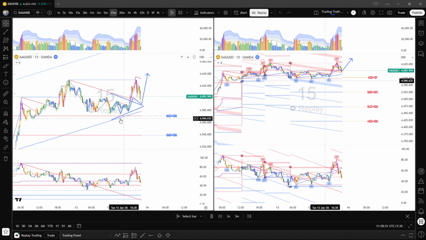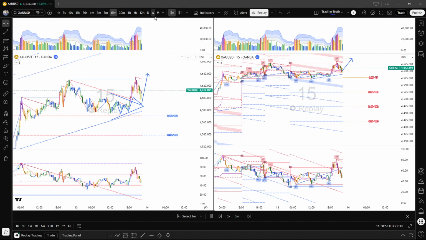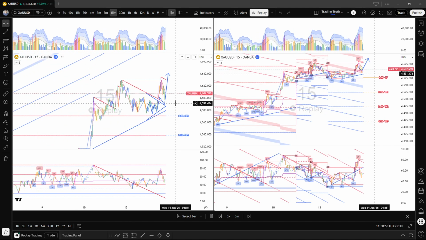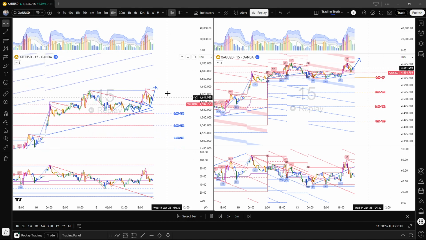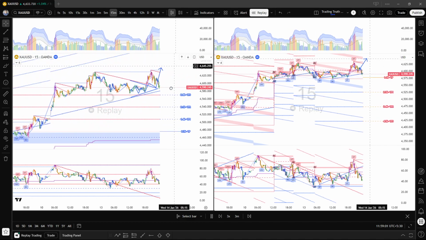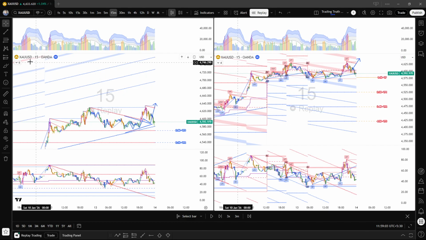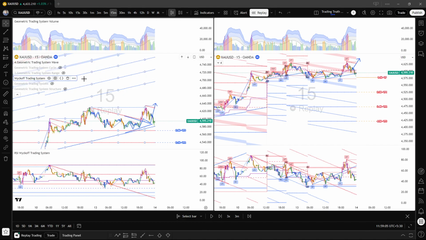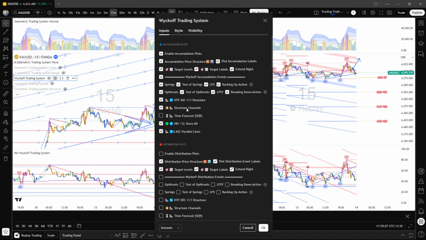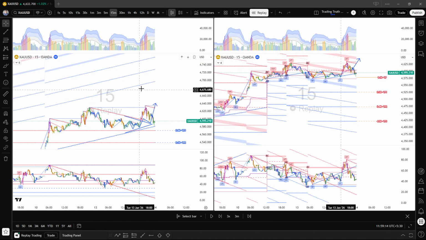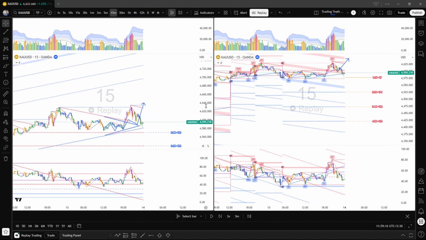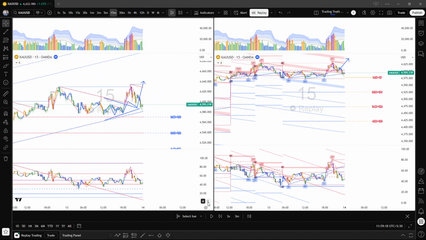And then it's going to take support from this trend line and it's going to go up. So you'll see why it's not drawing, it should draw this one, right? Anyway, you get the point, right?